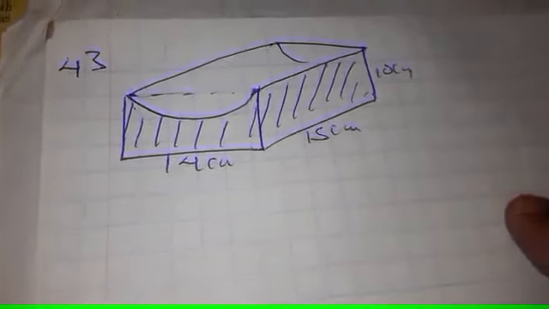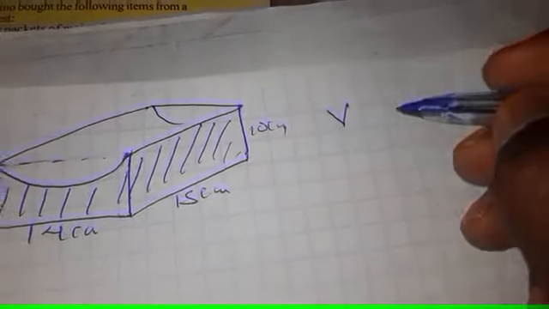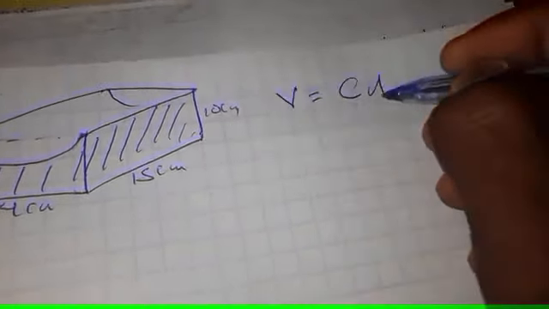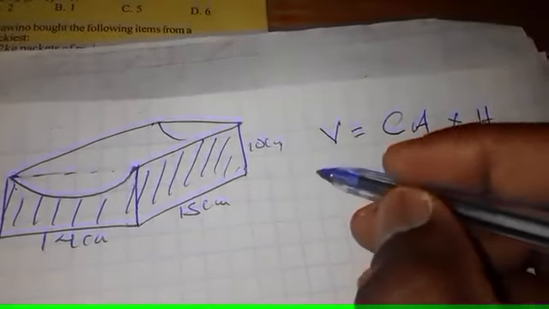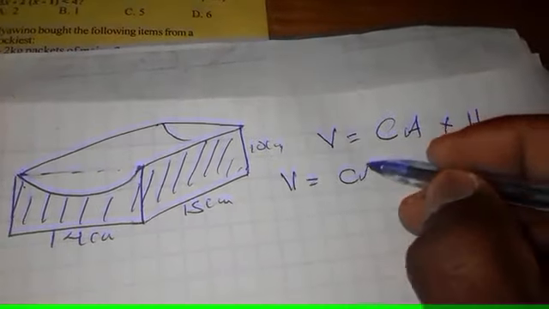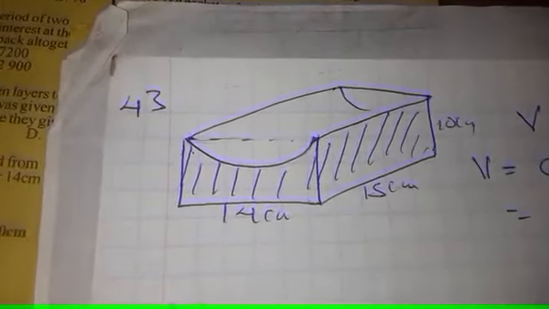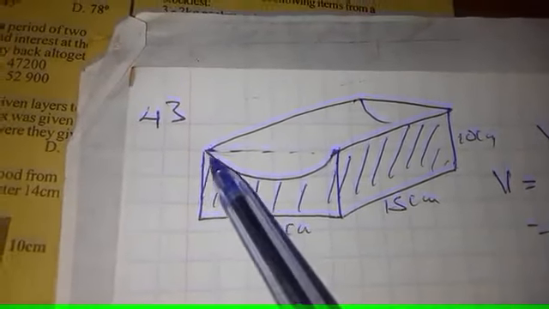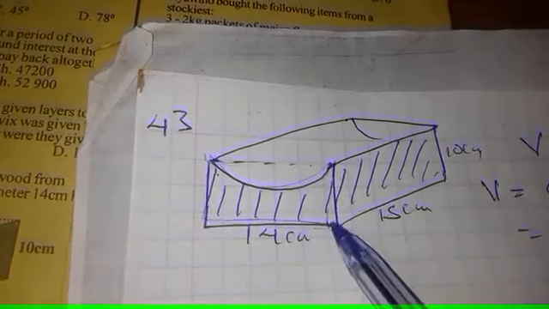So solving it, the formula of getting the volume of a solid is cross-sectional area multiplied by the height. So let me push it here. Your volume is cross-sectional area multiplied by the height. If you look at this figure here, the cross-sectional area of this figure is this part over here.